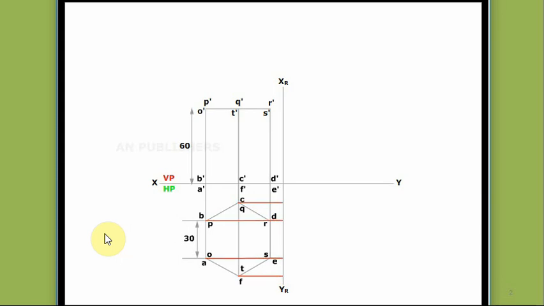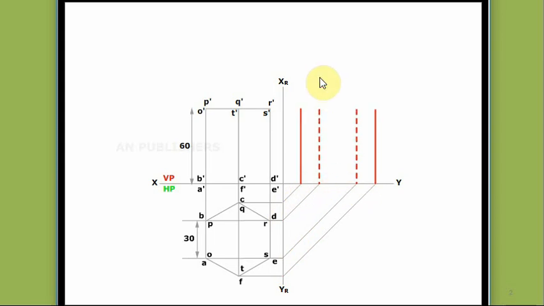Draw a horizontal line, draw 45 degrees. This distance we have transferred to here. Now draw a vertical line and project all the points to the side view. Then mark all the respective points as I already told: A and A dash, A double dash, B and B dash, B double dash, C and C dash, C double dash, like that. Wherever the lines from the top view and front view join here, mark the respective points.